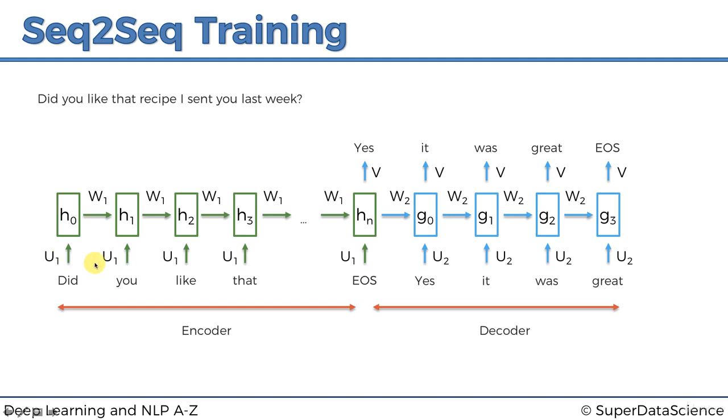So here you can see that there's a lot more letters, there's a lot more happening. Here we've got U's, W's, U2s, W2s, and V's. In different literature, you might find different notations, but we're just going to stick with this one.